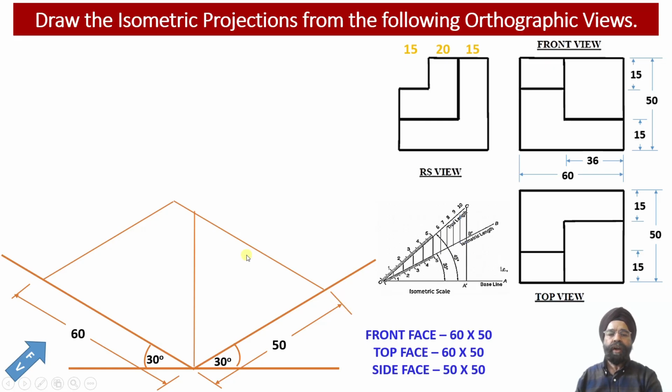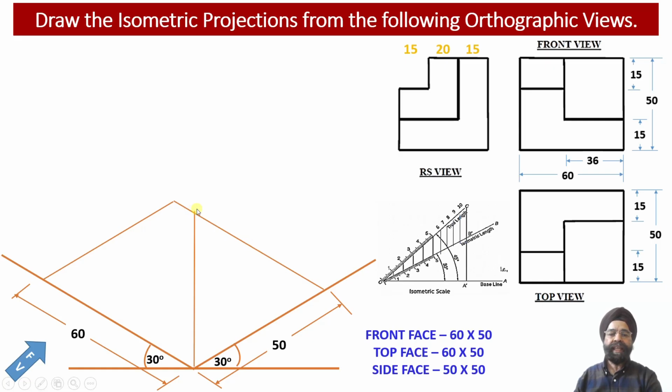Once we draw this projection line parallel to the z-axis, and again draw this projection line parallel to the x-axis, we'll see that this isometric length measures 50 millimeter and this isometric length measures 60 millimeter. So the top face of this engineering construction has been obtained.